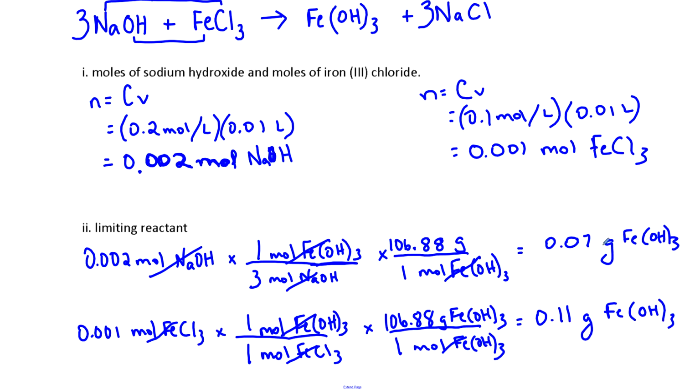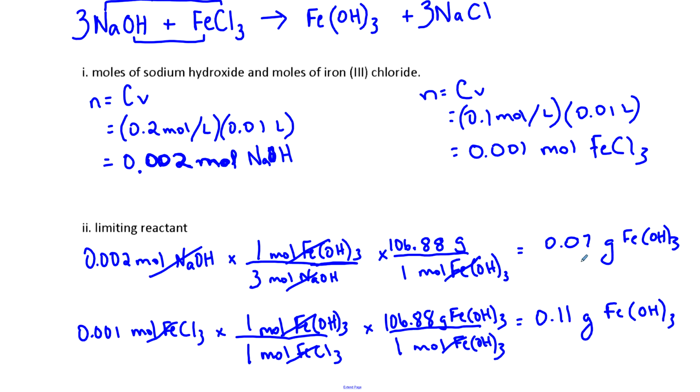So what does this mean? Well, we've worked our way with both reactants all the way to the same product. And this is telling us that sodium hydroxide produces 0.07 grams of iron 3 hydroxide, and iron 3 chloride produces 0.11 grams of iron 3 hydroxide. So the reactant that produces the lower amount is the limiting one, because that's the one that would run out first.